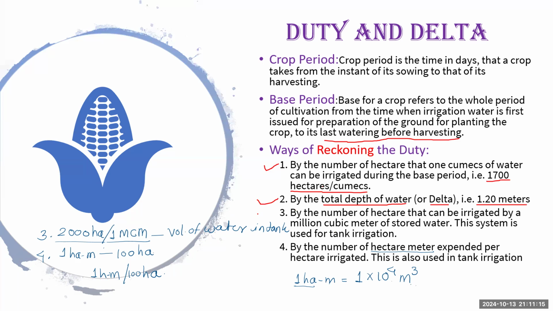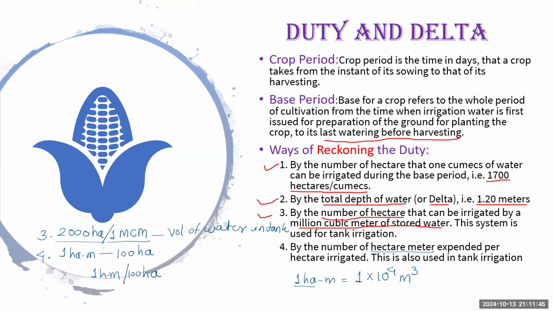Now, the third way of reckoning the duty is the number of hectares that can be irrigated by a million cubic meter of stored water. So what is this third way of reckoning duty? Consider 1 million cubic meter of irrigation water. How much area will it irrigate?